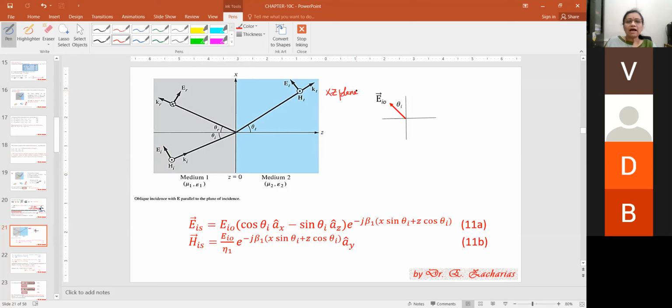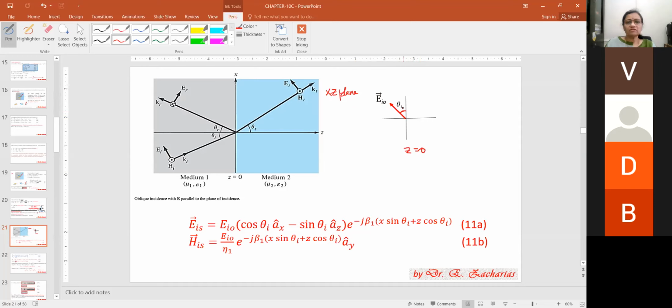I have drawn one diagram here to show my Ei at z equal to 0, and let me call it Ei naught. You can see that this vector will make an angle theta i with the boundary.